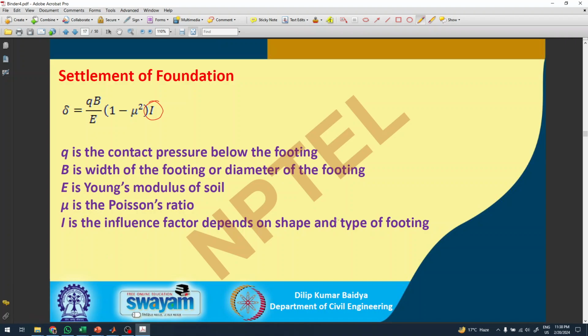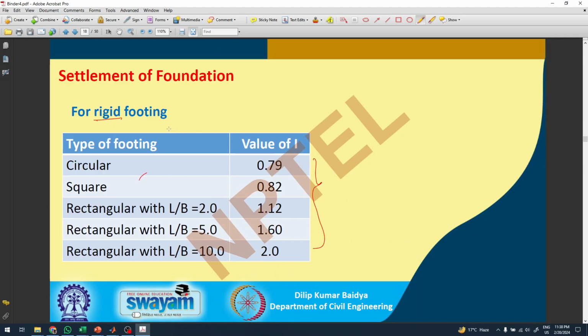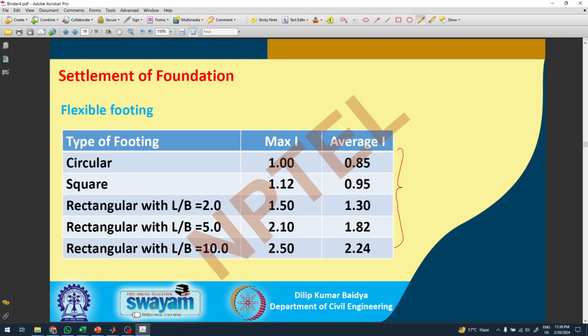So this is the influence factor that we are talking about. For rigid footing, the value of I is different, and for flexible footing, the value of I is different. See, when we are taking maximum I and average I, this is exactly what we are doing actually.